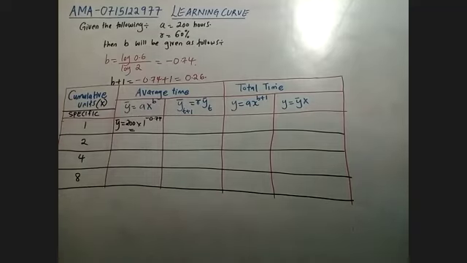If you want to get the average units, how much does it come to? We say 200 times 1 raised to negative 0.74.